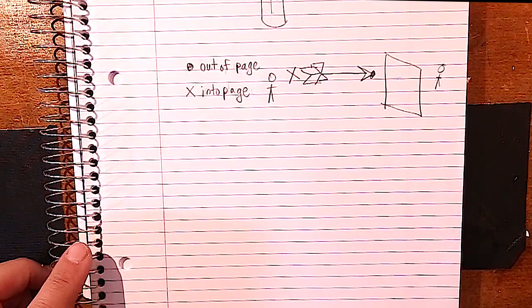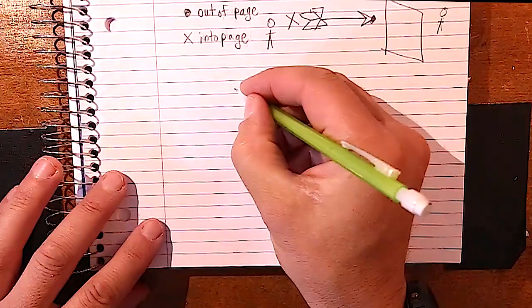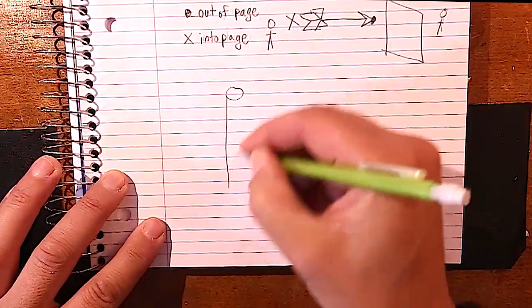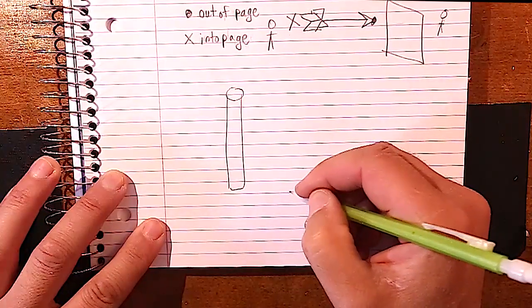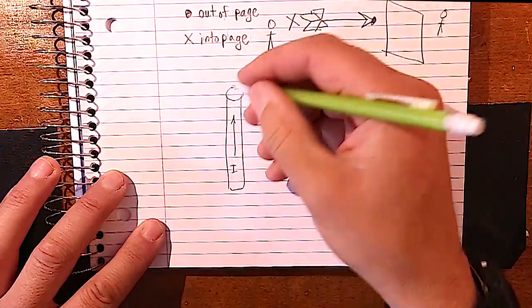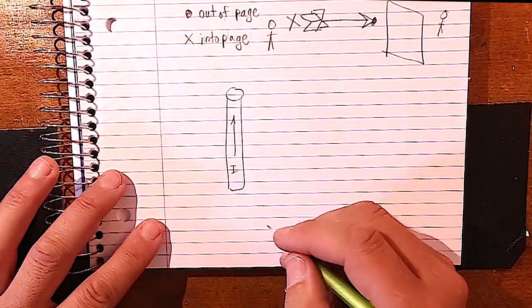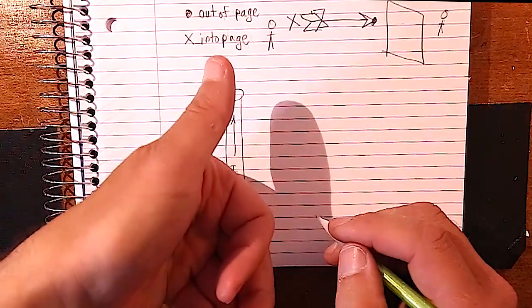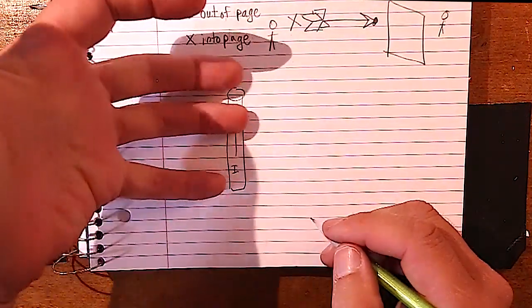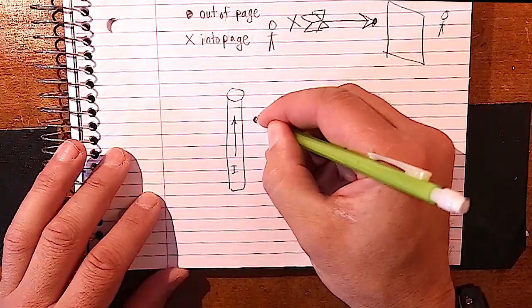So how can we use this to figure out questions with the direction of current flow? Well, let's say we have a segment of wire like this, and we have the current flowing up like that. What's flowing up? Electrons. What do moving electrons have? A magnetic field. So we point our thumb up and we curl our fingers around. So our fingers on this side are coming out of the page.